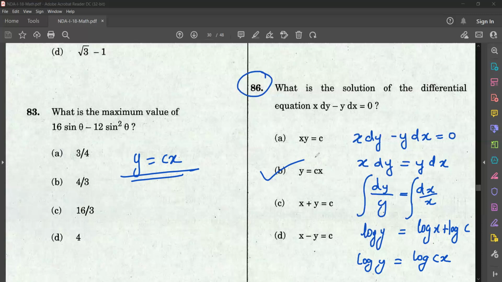Easy, no? Rearrange the given question, then just integrate.